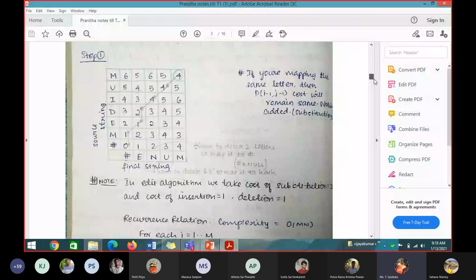But first you have to write the string down and you have to give 0, 1, 2, 3 in the next row. Then the column also: the first column starts with hash, that is the first box is empty, hash with the values, then 0, 1, 2, 3, 6 with 4, then you start.